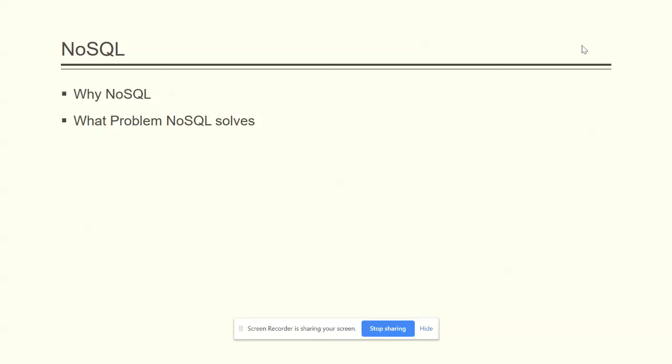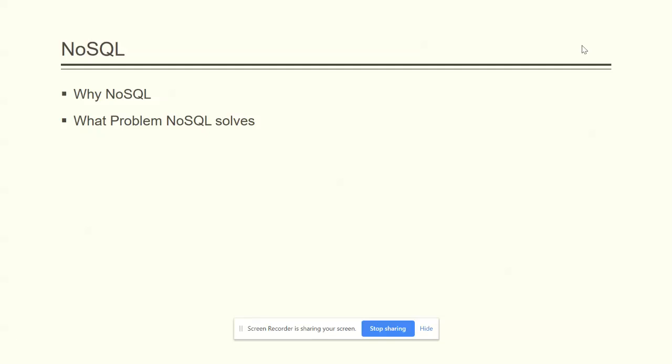There is one more problem with RDBMS, which is modifying the schema. Modifying the schema in RDBMS is not straightforward, and sometimes you may need to take your table or application offline, and only then can you do that. But in today's world, taking your application offline is not an option.